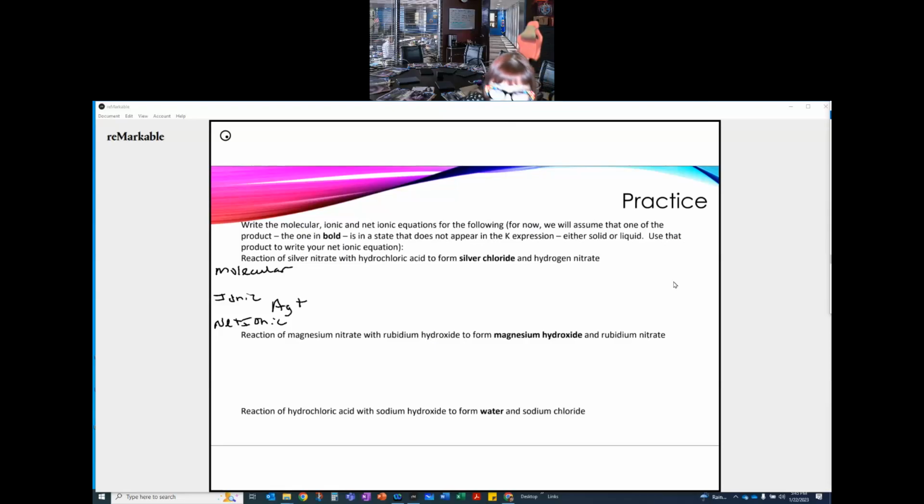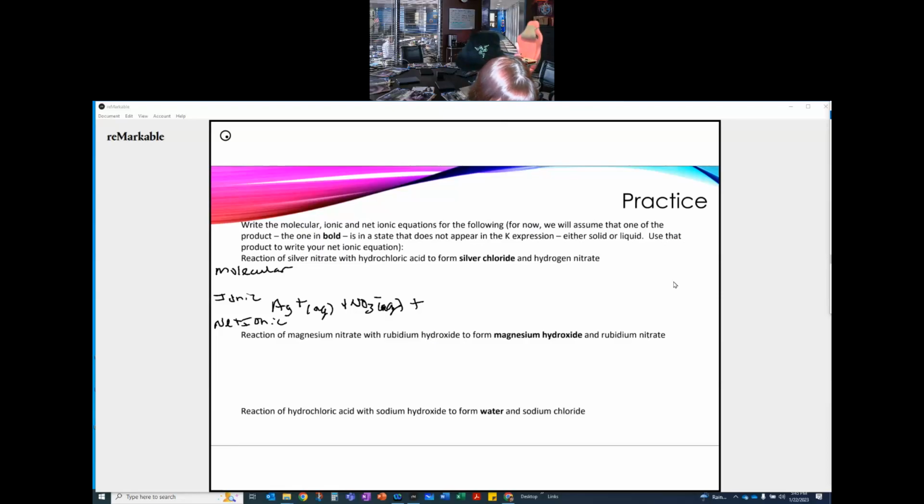And I know that because it's one of those transition metals that can have multiple charges. Since it doesn't say what the charge is, we have to assume that it's silver 1 because that's the lowest charge it can have. So Ag+, that is aqueous. I know that that is with nitrate, which is NO3 minus, and that's aqueous as well. So that's one of those polyatomic ions that I can look up in the table.